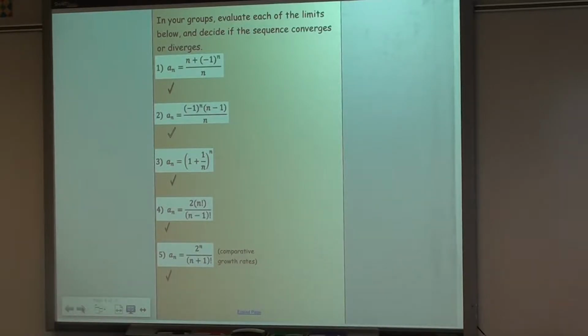Negative 1 to the infinity would be 1 or negative 1. Correct, it flip-flops. It doesn't approach anything, it literally just flip-flops. So that means, basically, that thing is 1, because 1 times infinity over infinity.